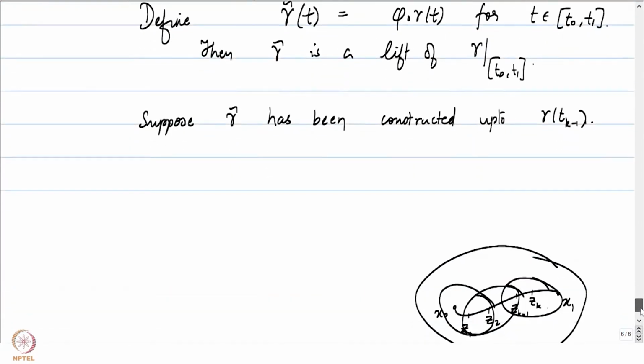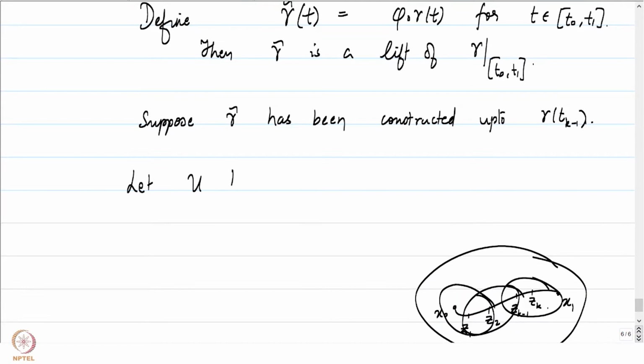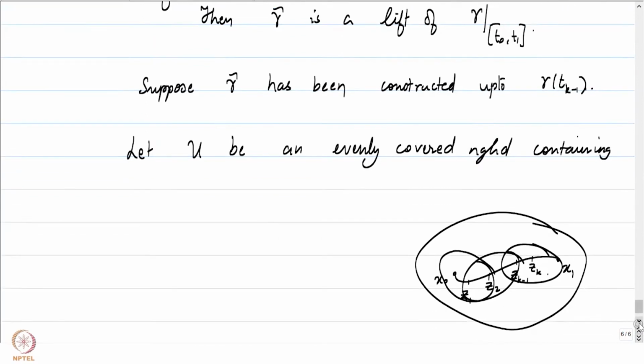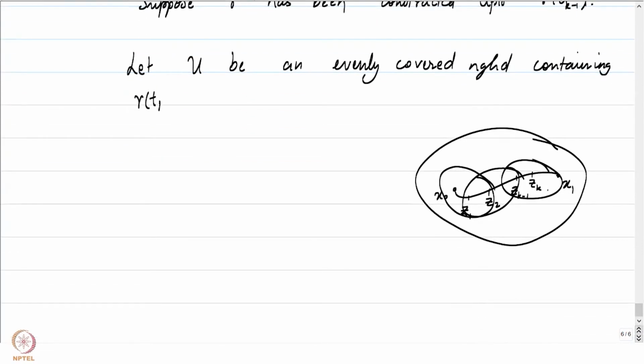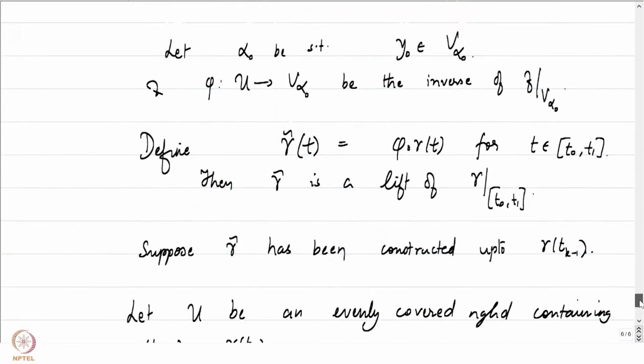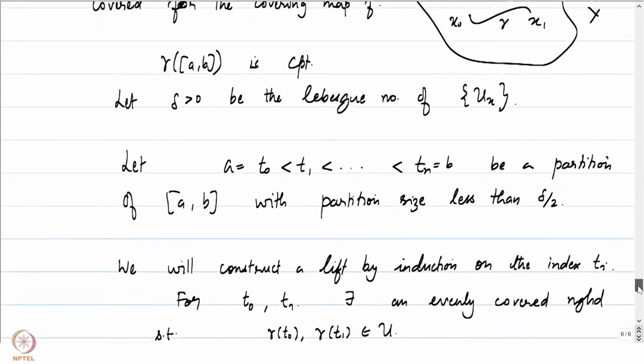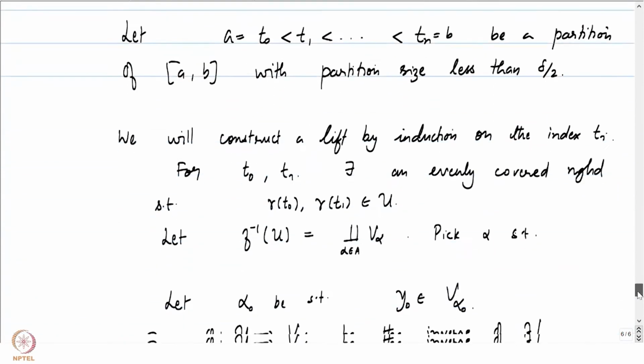What can be done is let U be an evenly covered neighborhood containing gamma of tk minus 1 and gamma of tk. This is possible because the distance of gamma of tk minus 1 and gamma of tk is less than delta by 2, delta being the Lebesgue number, so we will be able to find one such evenly covered neighborhood, one element in fact from the open cover that we had considered, and our open cover consisted of evenly covered neighborhoods.